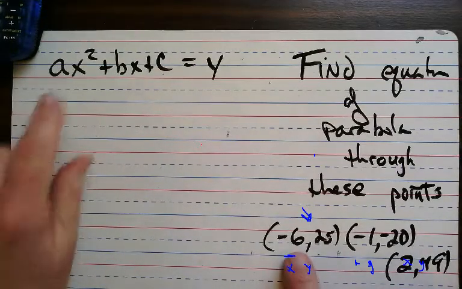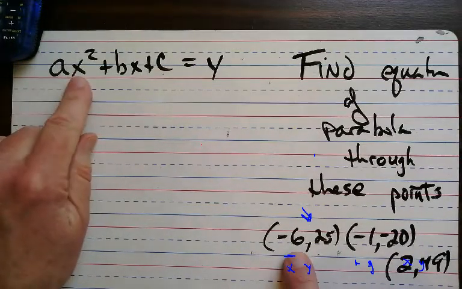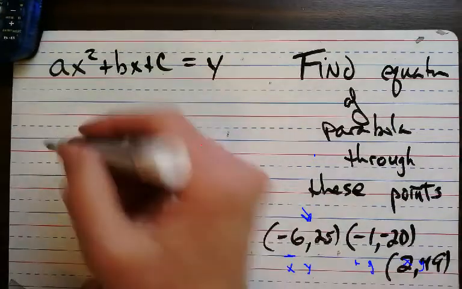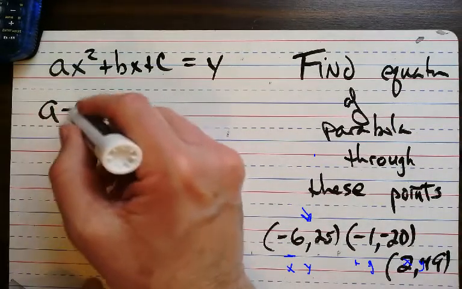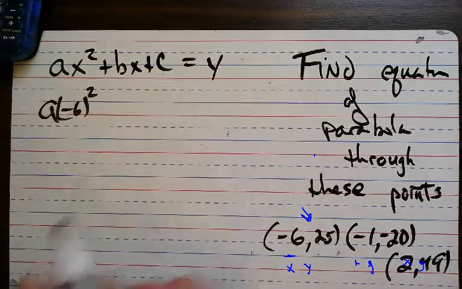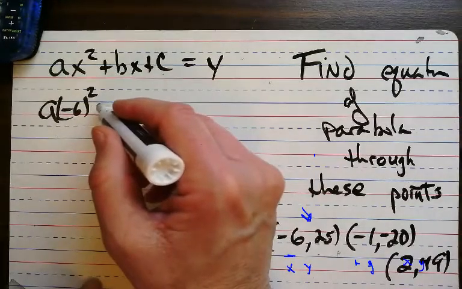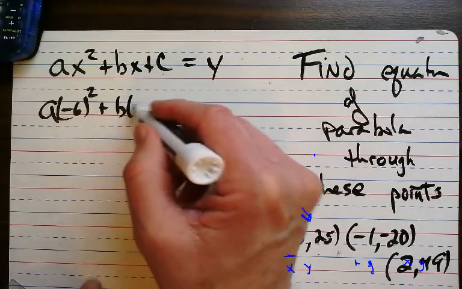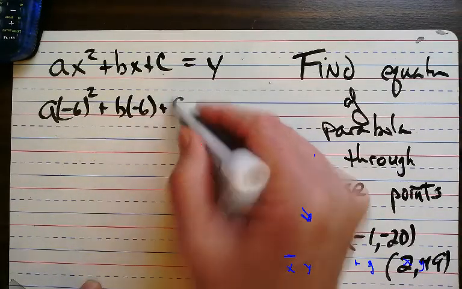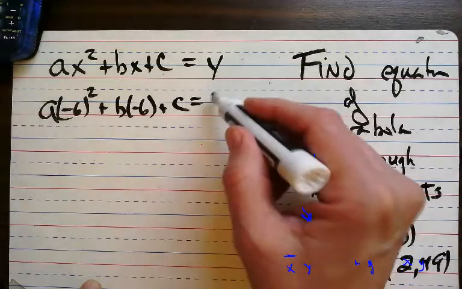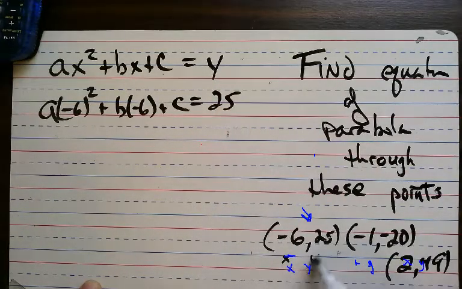So remember, you're putting -6 in here where x goes, and you're squaring it. So -6 goes in here squared, then plus b times -6 plus c equals 25. This is x, this is y. We're trying to make sure that we're using the values that they give us.